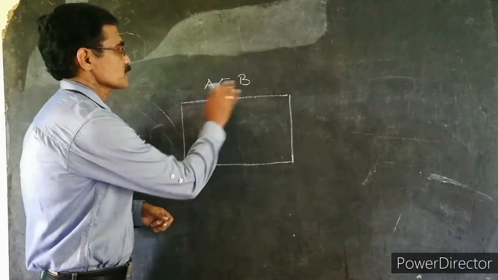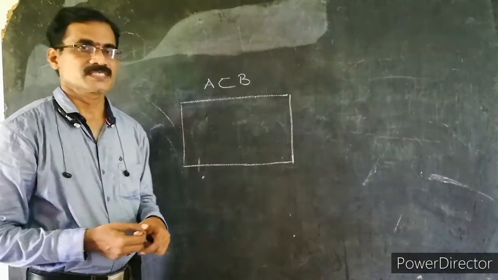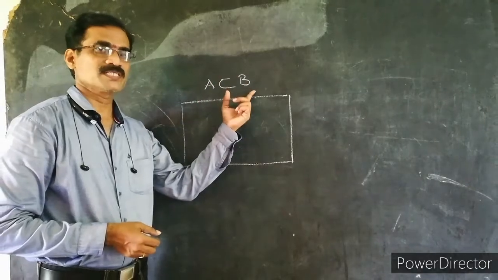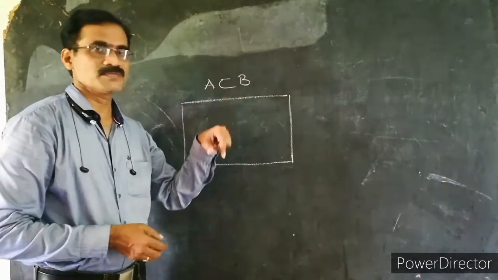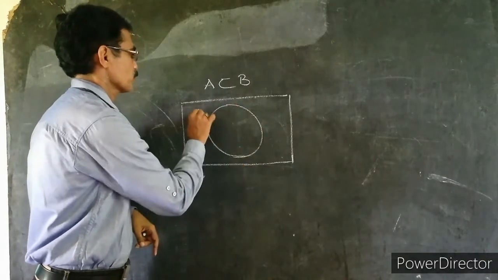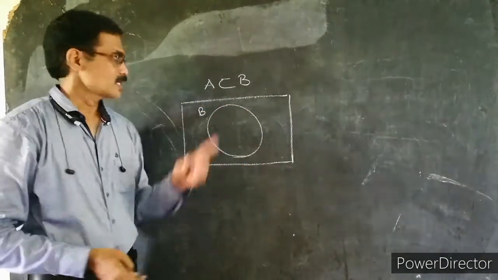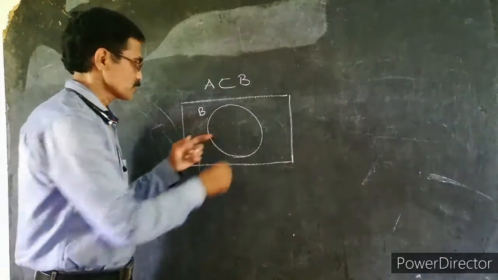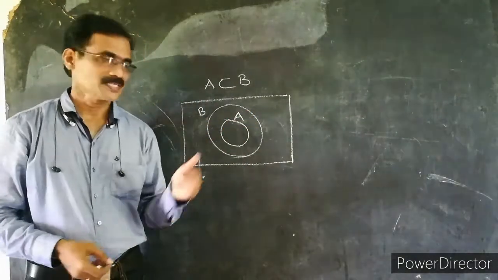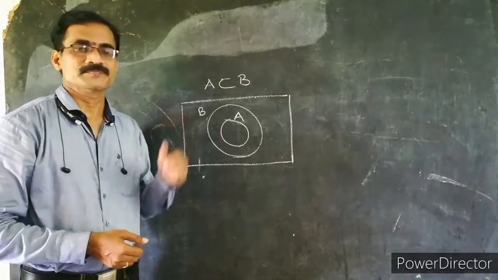So here in these two sets, which is the biggest set? B is the biggest because all elements of A are present in B. So B is the biggest. So you write first set is B. And A is a subset. So you write A inside the B. Then it is A is subset of B.